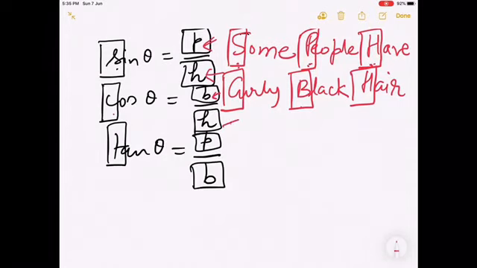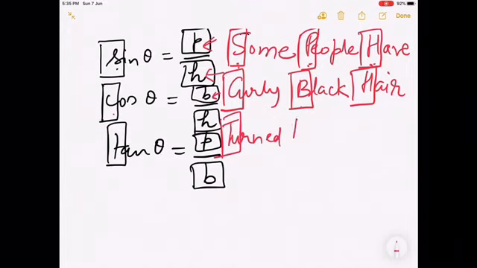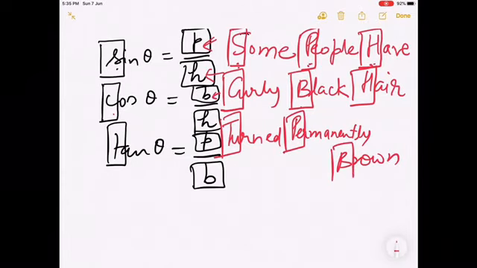So we write here "turned", T. Now T has come denoting the tan. Turned permanently brown. So we write here P and B. So this becomes tan theta is equal to perpendicular upon base.